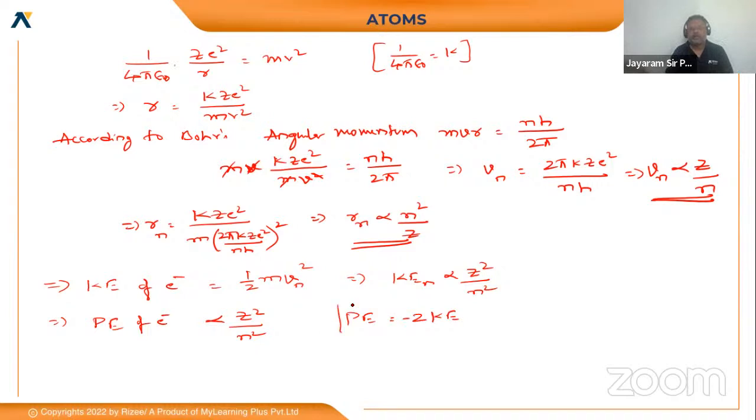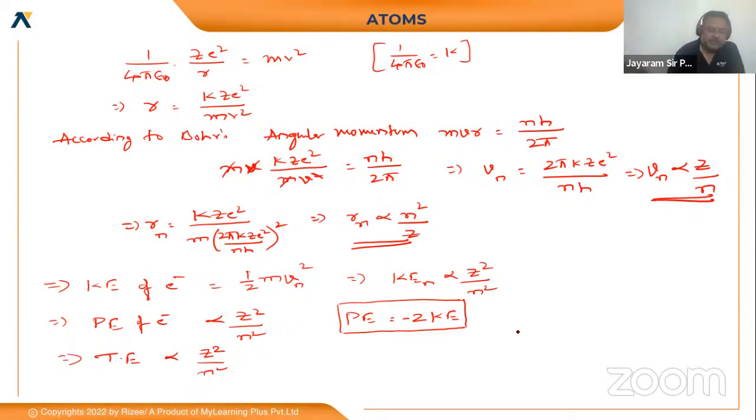This relation is only valid for bound systems, in the sense you can apply it only in gravitation or here in Bohr's orbit, not in other places. So the total energy is also proportional to Z square by n square.